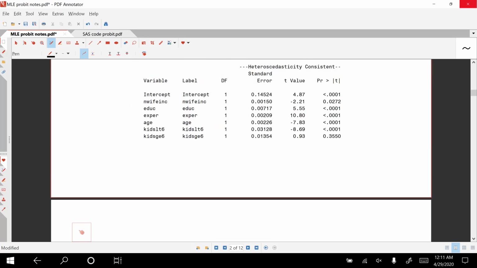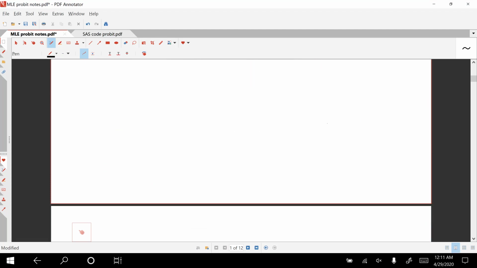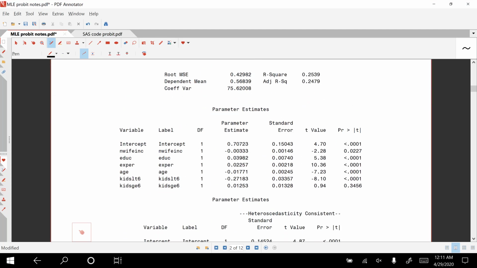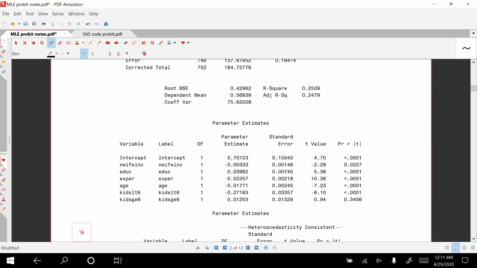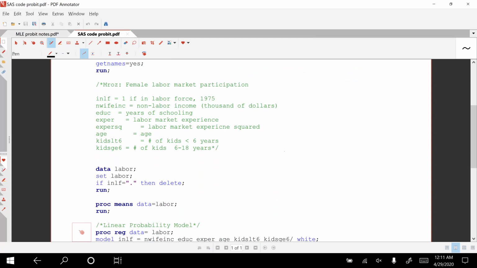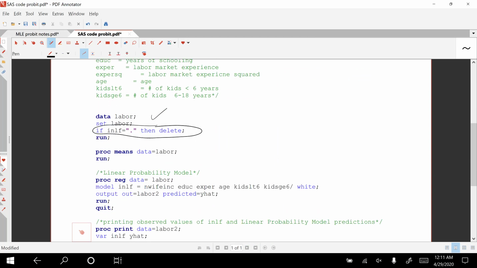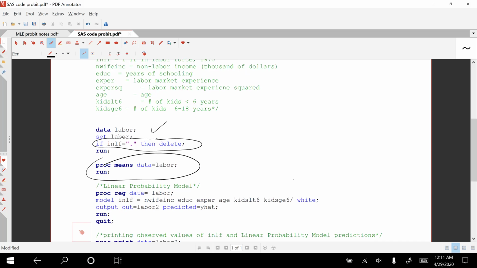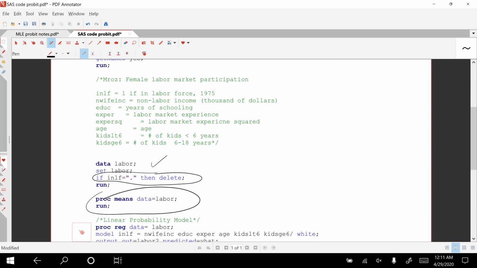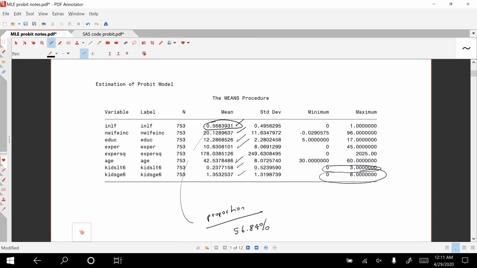So what we have here, and unfortunately I don't have SAS on this laptop, but I'm going to show you the SAS code. We imported the data, we deleted missing observations. I already calculated the proc means, and that's kind of what I showed you before.